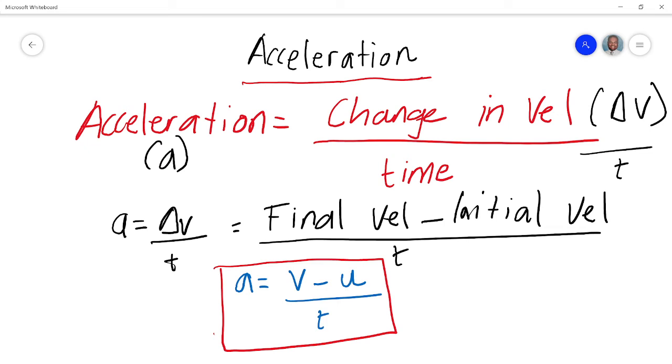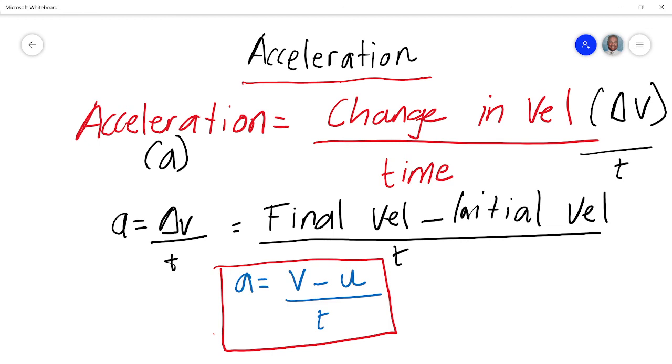I wanted to spend a bit more time on this because I could have simply written down the formula and ended the video. But physics is about understanding the concepts and knowing why we are using them. From the formula v minus u over t, the fact that it's v minus u tells you it's a change in velocity, and over time means rate of change in velocity, or change in velocity over time.